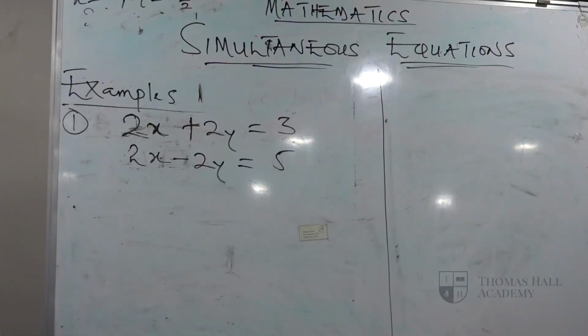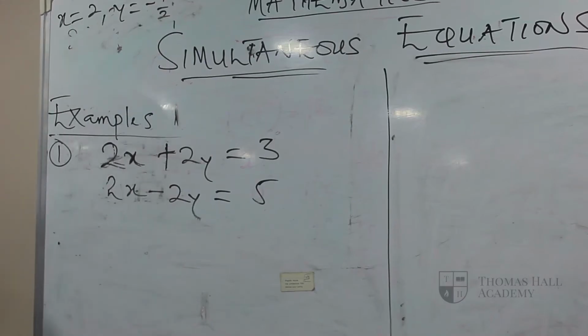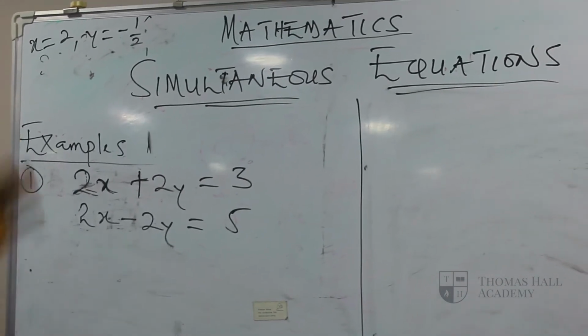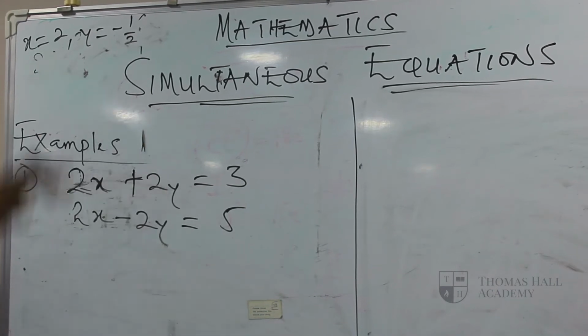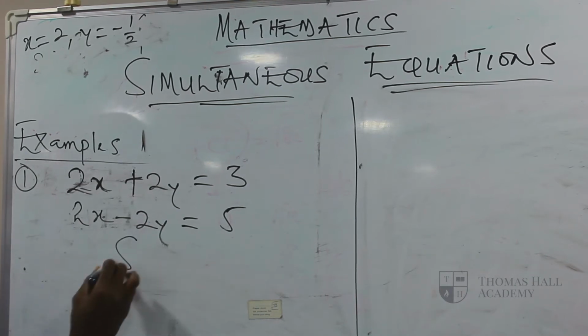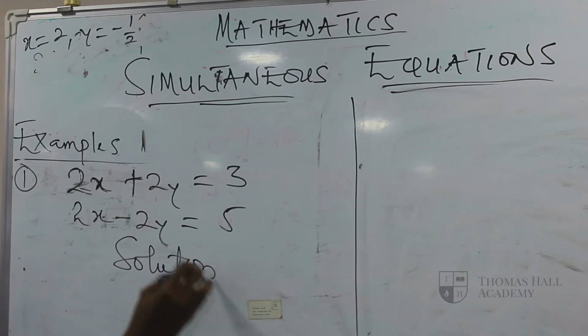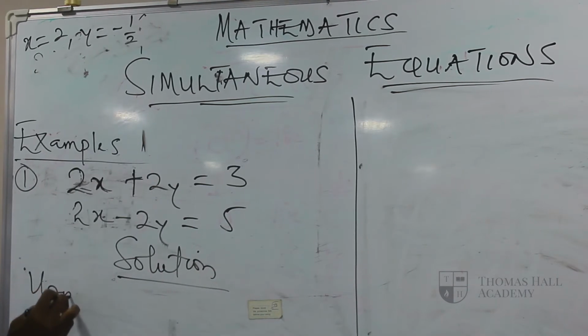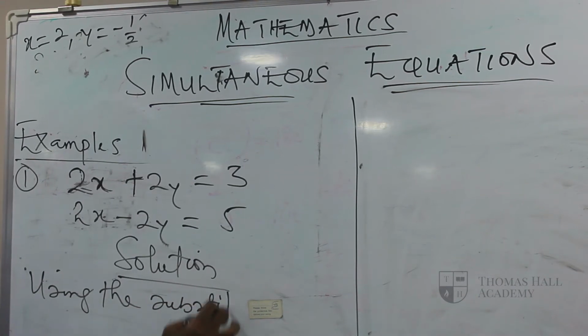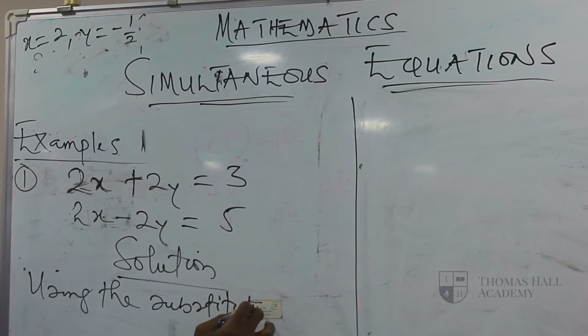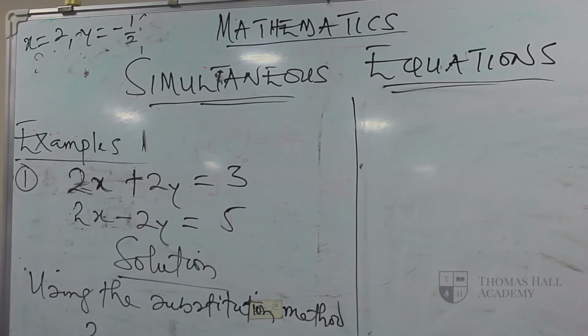Okay, now we've gotten the values of x to be 2 and y to be -1/2 using the elimination method. Now let's try the substitution method and see if you're going to get the same values for x and y. Using the substitution method, let's write out our equations.